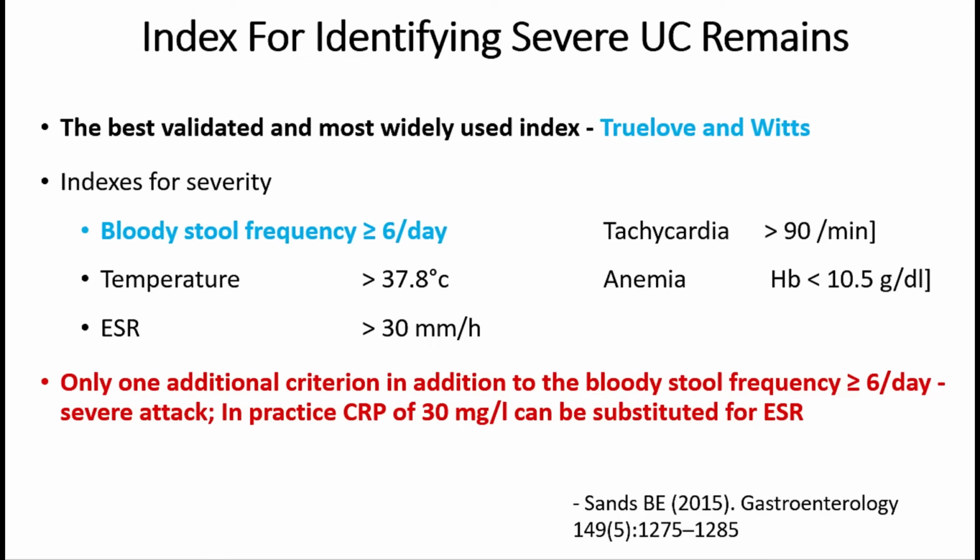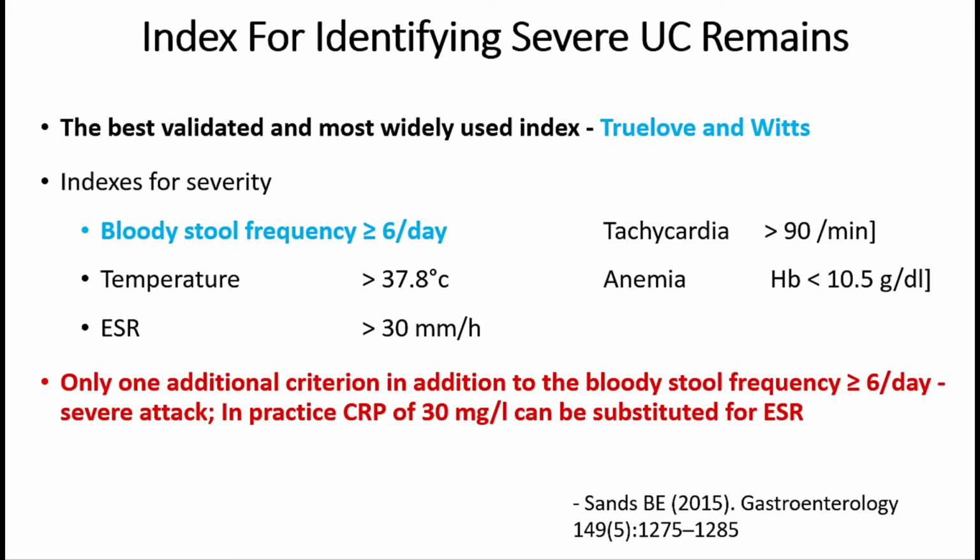So if the patient has a stool frequency of 6 or more, plus tachycardia, or a raised ESR, or raised CRP, or low hemoglobin, or raised temperature, then we have to label this patient as severe ulcerative colitis and manage accordingly.